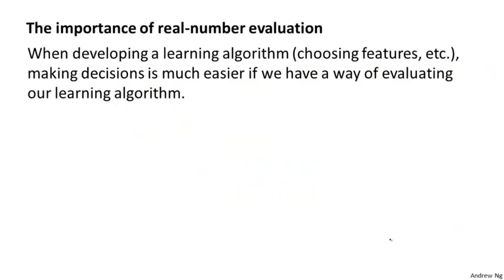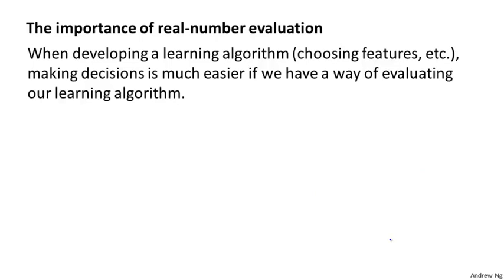In previous videos, we'd already talked about the importance of real number evaluation, and this captures the idea that when you're trying to develop a learning algorithm for a specific application, you often need to make a lot of choices, like choosing what features to use and so on. Making decisions about all of these choices is often much easier if you have a way to evaluate your learning algorithm that just gives you back a number.